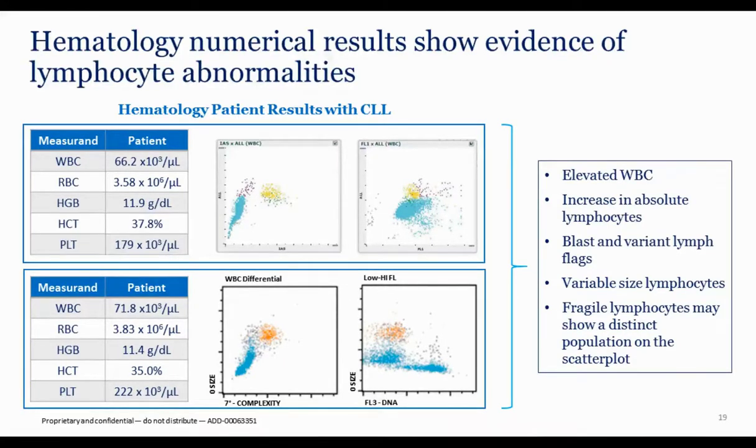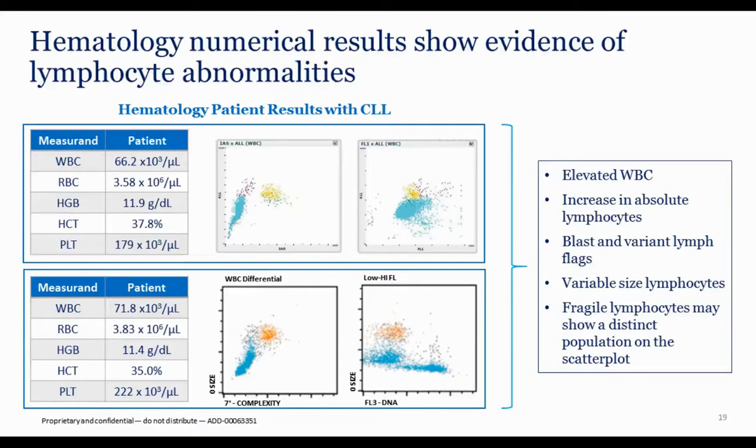It encompasses a much larger area, and this would represent the increased number of absolute lymphocytes. If you're looking at the diagram at the bottom at the lymphocyte population, you can see that instead of being really tight, it's a little bit spread out going from left to right. And this would simply reflect the variable sizes of the lymphocytes within those populations.